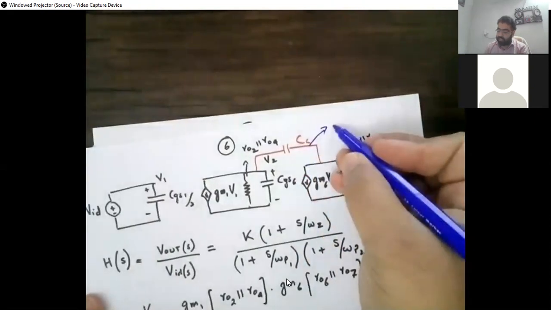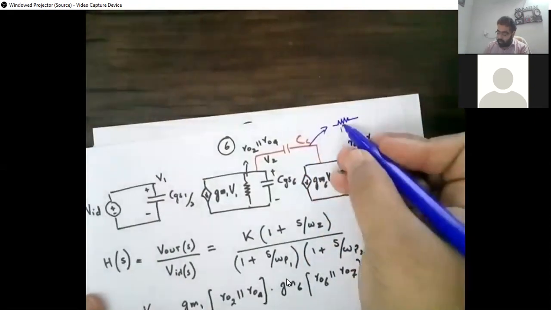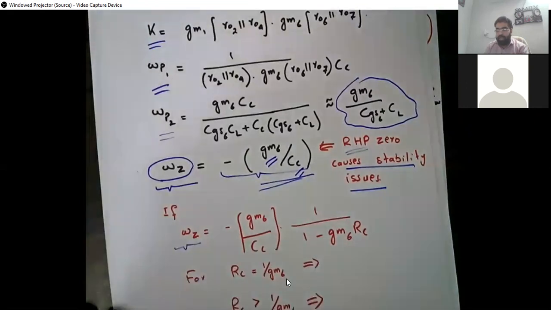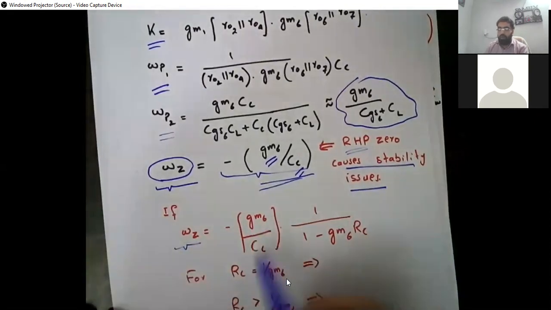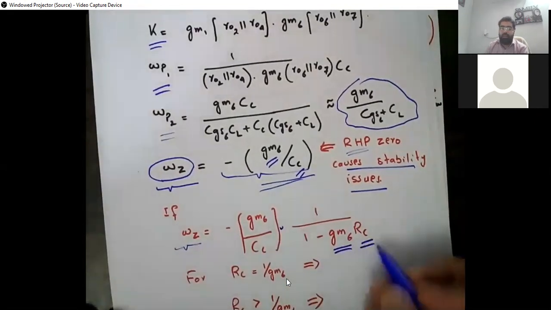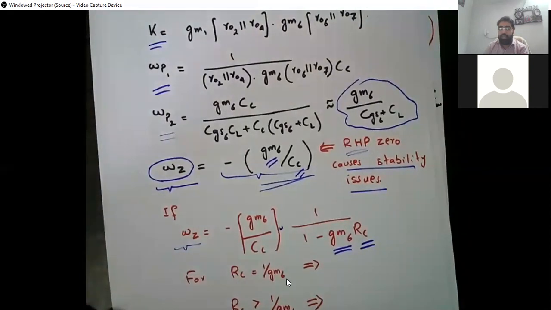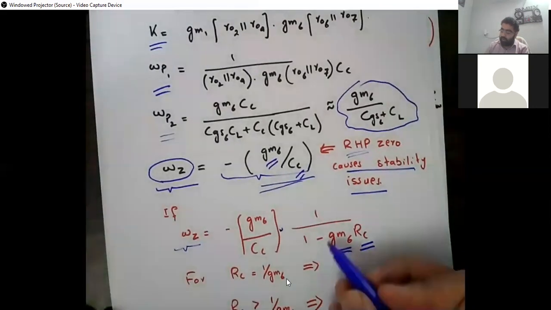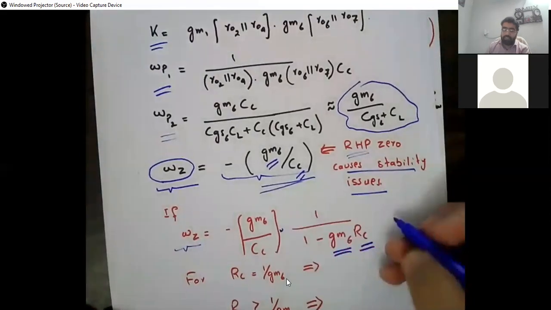If we add a compensation resistor, ultimately we will nullify the effect of this omega Z. If we add a resistor at the above point, the omega Z point is going to be minus GM6 by CC times 1 over 1 minus GM6 times RC. RC is the compensation resistor in series with the capacitor. So if you set RC equal to 1 over GM6, we can get rid of the omega Z effect.